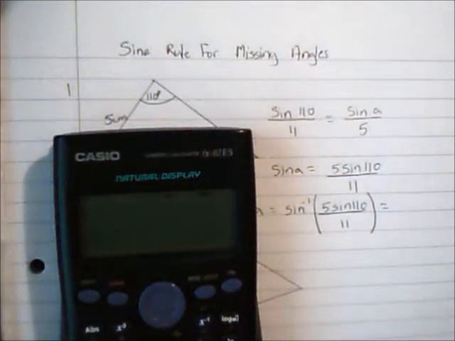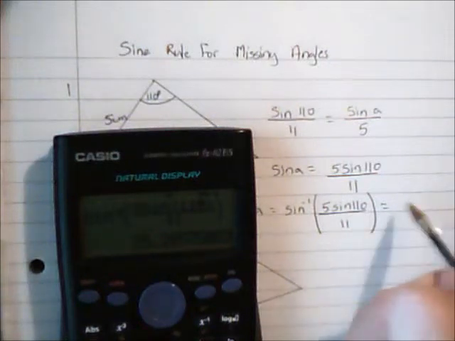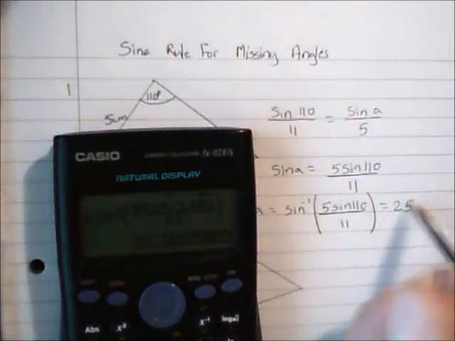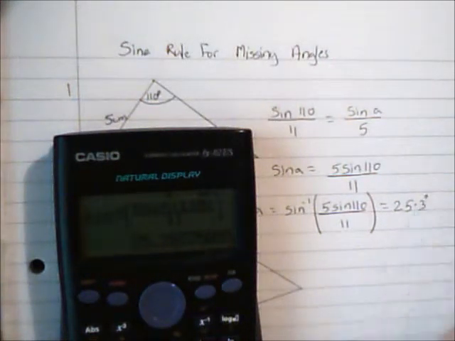So to get arc sine, it's that function, so arc sine of 5 sine 110 divided by 11. And I get there an angle of 25.28575, and so on. I'm going to do this as 25.3 degrees. I think one decimal place is quite accurate enough.